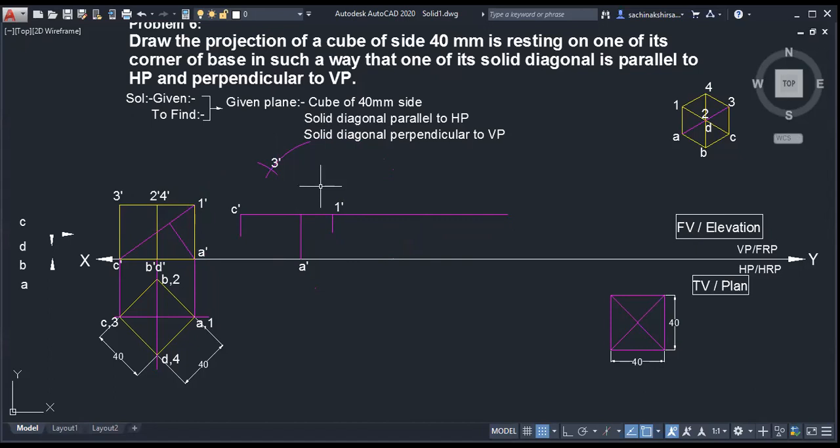3 dash. Now what to do? 1 dash, 3 dash, 3 dash, A dash are known to us. Now what to do? Shall we join these points? Yes.